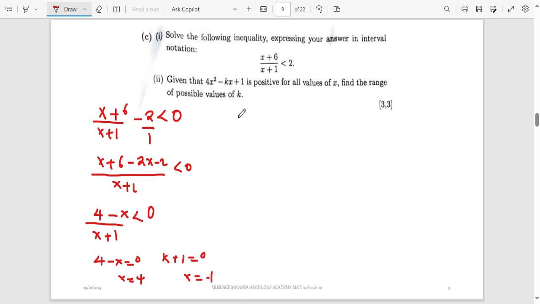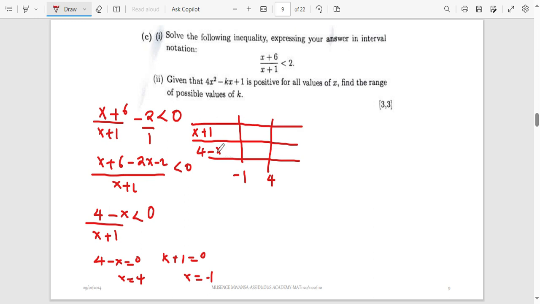So I'll write these two values on a number line. I've got negative 1 and a positive 4. Look at the factors that we equated to 0. We equated to 0, 4 minus x, and then we also equated to 0, x plus 1.